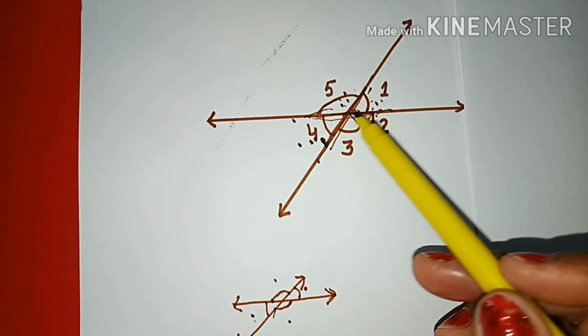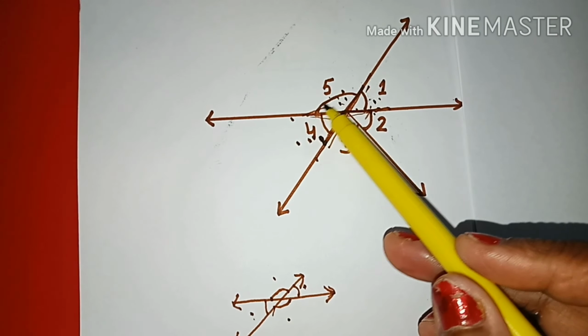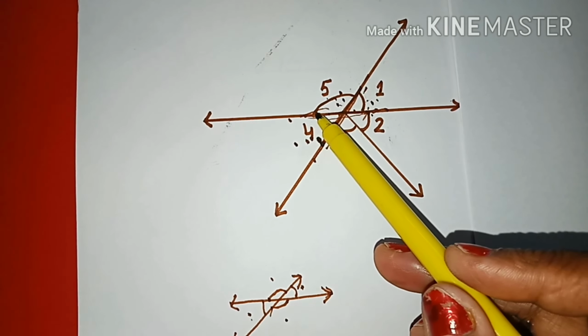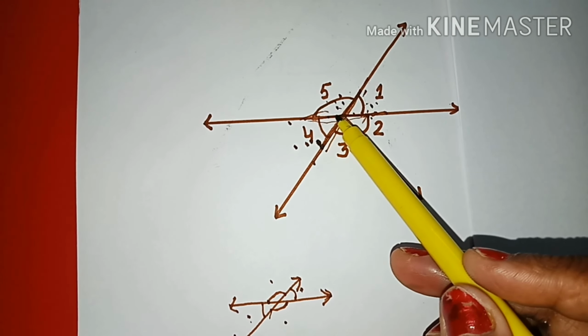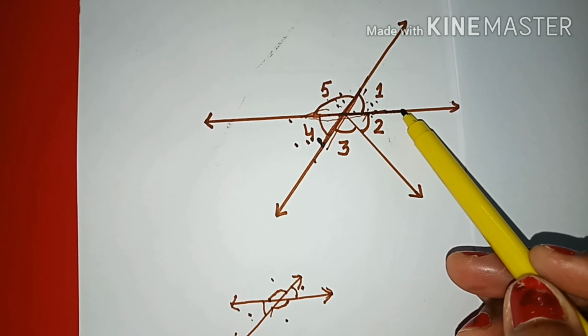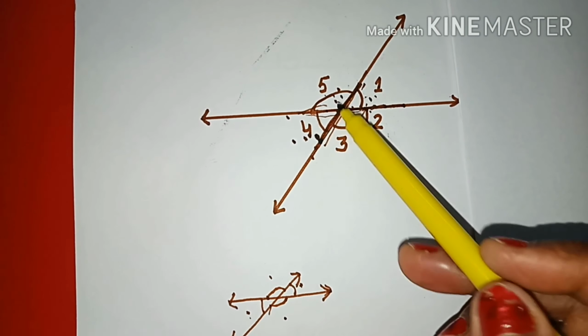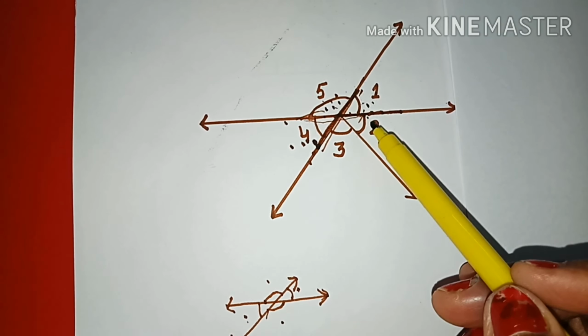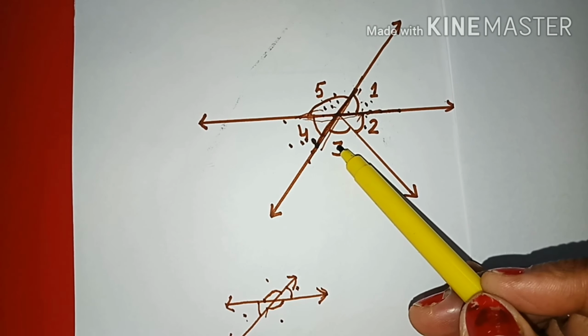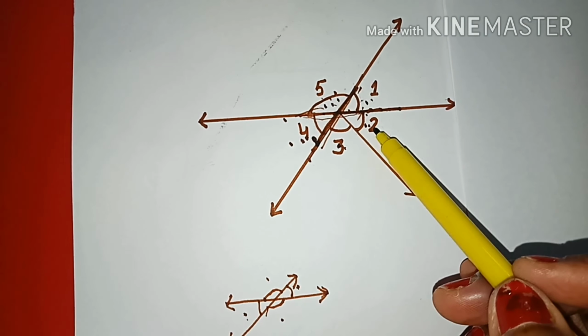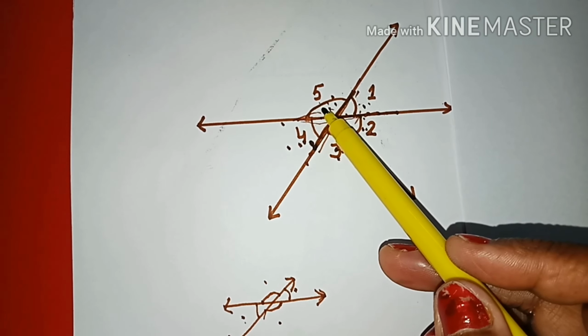See in our figure, angle 5. We extend the rays of this angle, this one extends to here and the other ray extends to here. So angle 5 is vertical opposite to angle 2 plus angle 3. This is the sum of angle 2 plus 3, vertical opposite to angle 5.